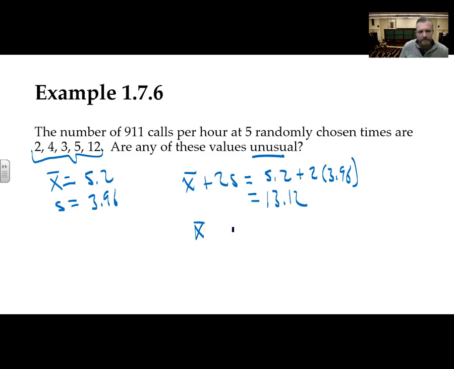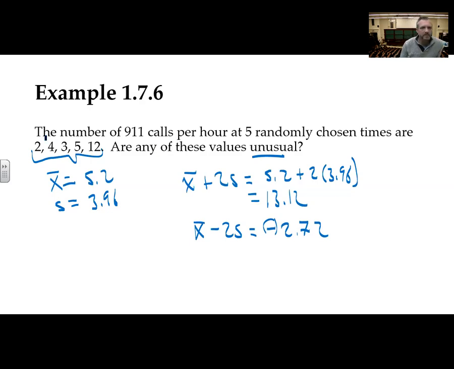And then on the other end, x bar minus 2 standard deviations, which obviously in a physical sense doesn't make a lot of sense.